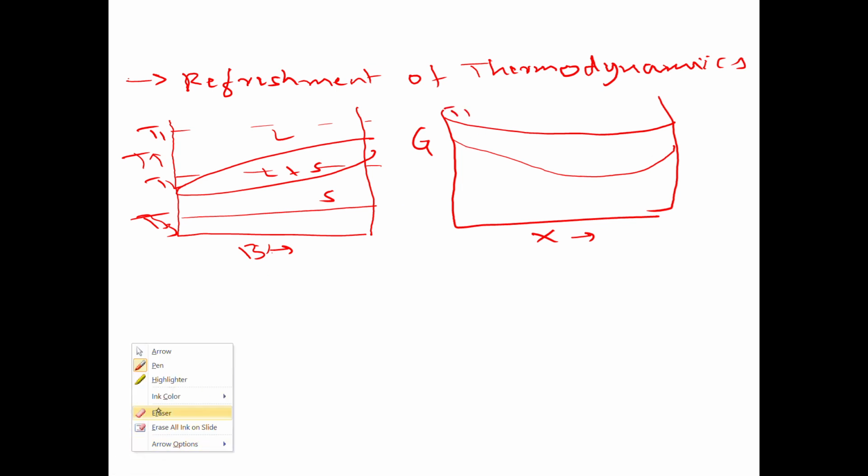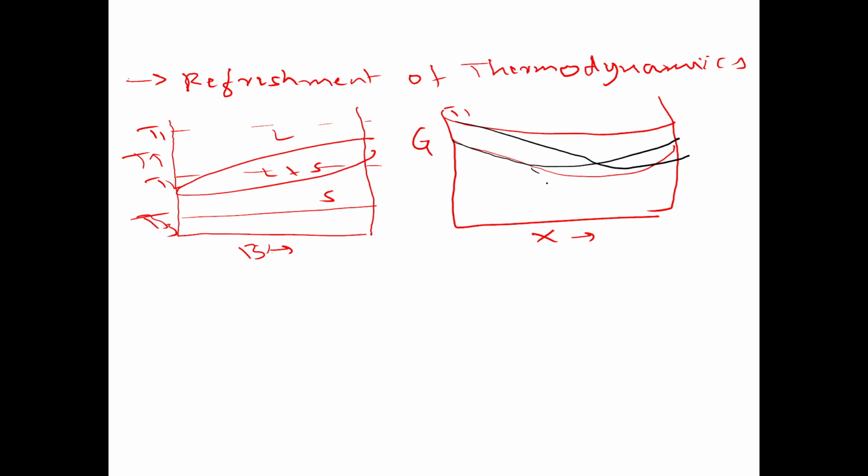For T2 temperature, I will be using a different ink. At T2 temperature, both liquid and solid phases are stable for particular compositions. So this is the temperature, and this is the composition range where both exist.